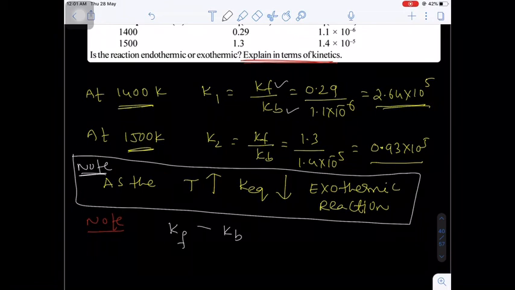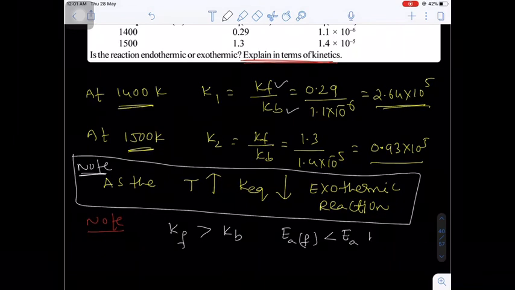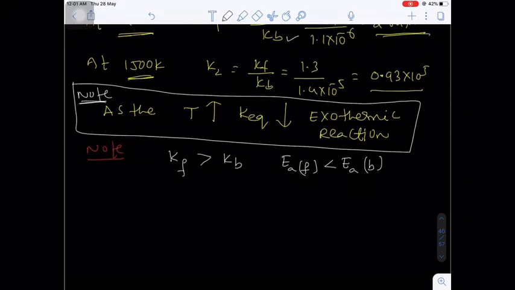Out of the Kf and Kb, which is more? Kf is more. Okay. If the rate constant increases, that means rate of a reaction increases. Rate of a reaction increases, activation energy decreases. EAF less than EAB. Are you getting my point?